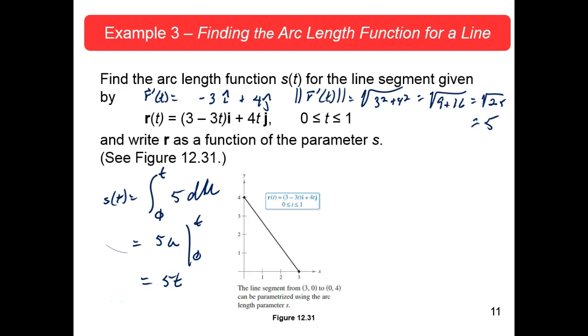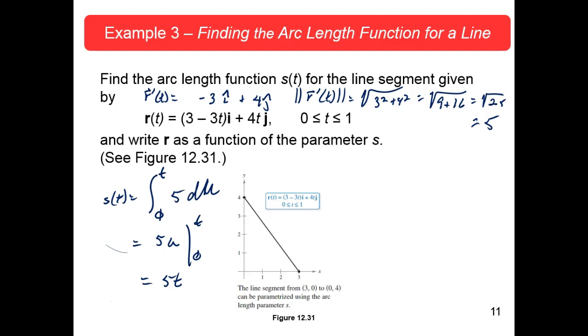At t equal to 1, well, yeah, it's up here. So the arc length variable would be how far you are along that curve between 0 and 1. At 1 you'd be at 5.